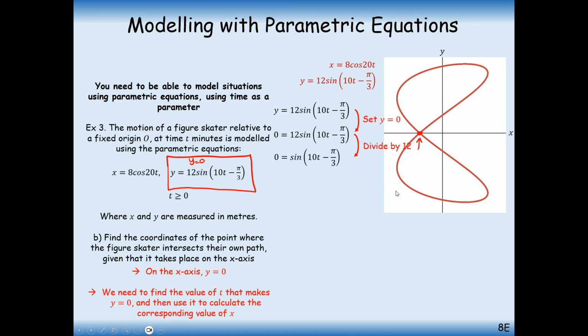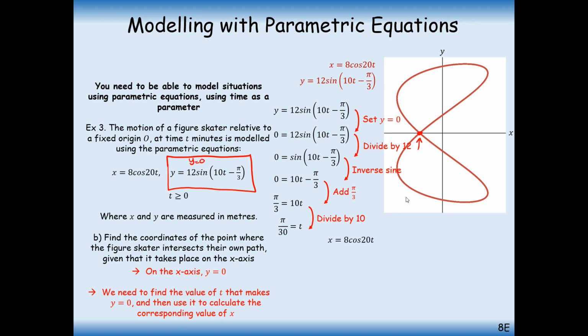If we take an inverse sine of 0, we will have either 0 or pi. But we are just going to take the first principal value and solve for t. So the first time that it will cross its own path, the time will be pi over 30.